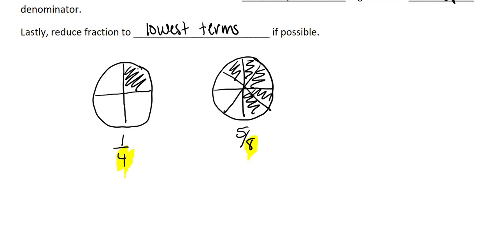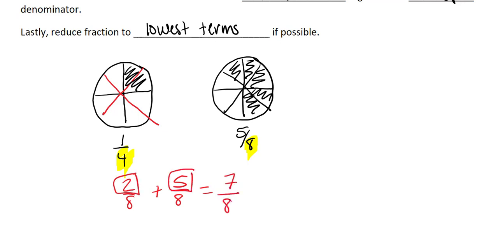Then we would have 2 8s plus 5 8s, and we would just add the top numbers together to give us 7, and then we could just keep the denominator because it's still out of 8 parts of a whole pizza. So 7/8 of the pizza would be remaining of the two pizzas. So that's how we can kind of see it visually.